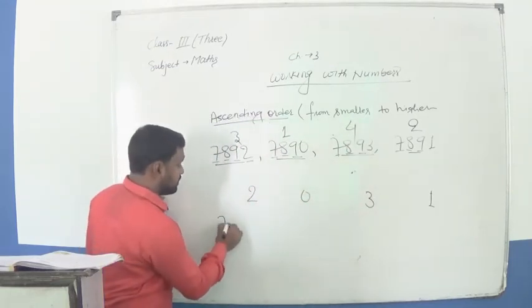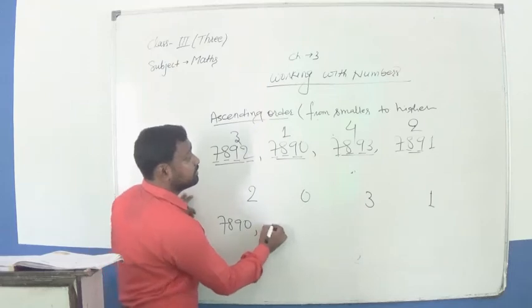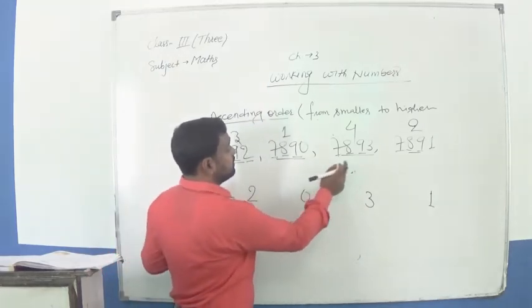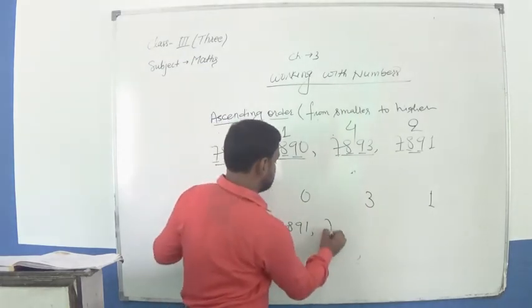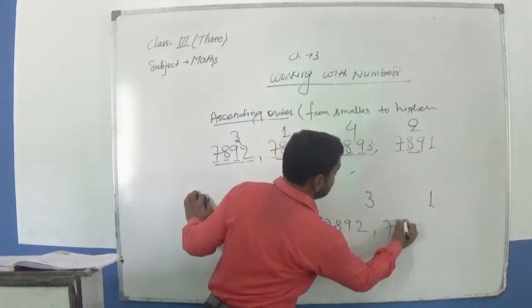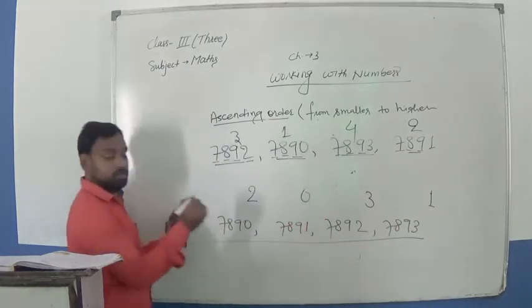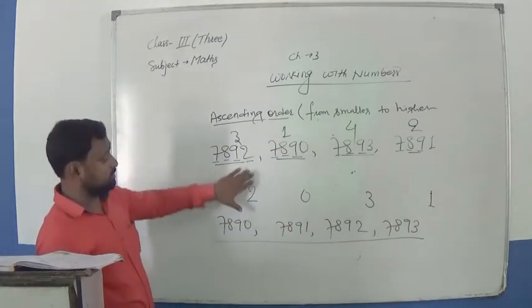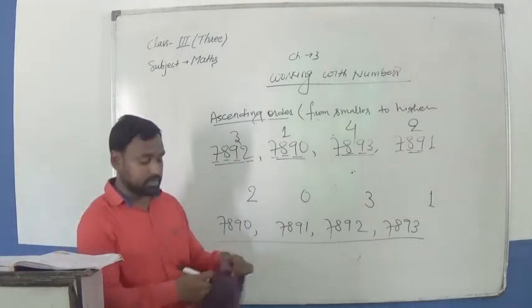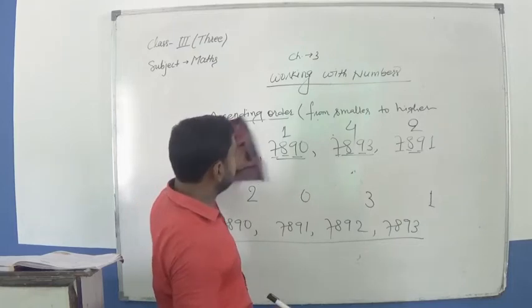So in ascending order: 7890, 7891, 7892 and 7893. You can arrange like this. One example of descending order I am making here for you.